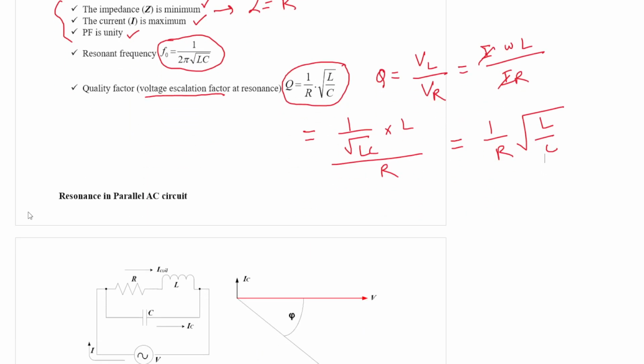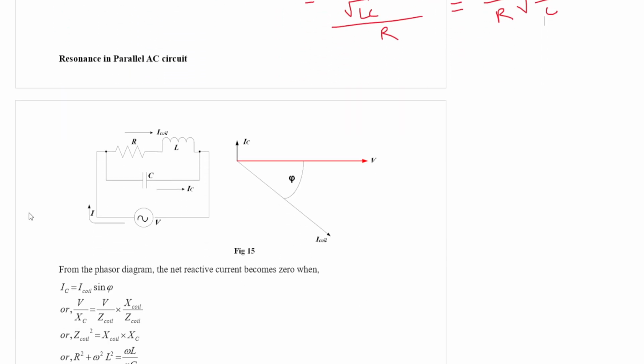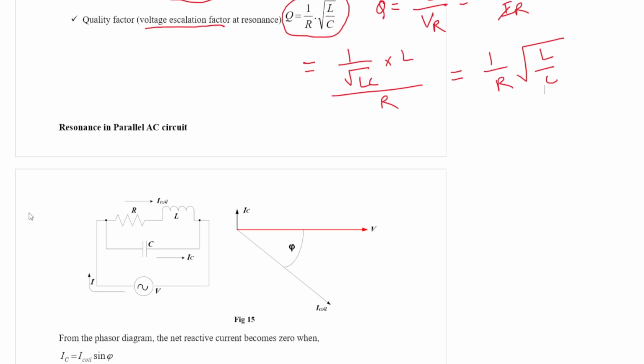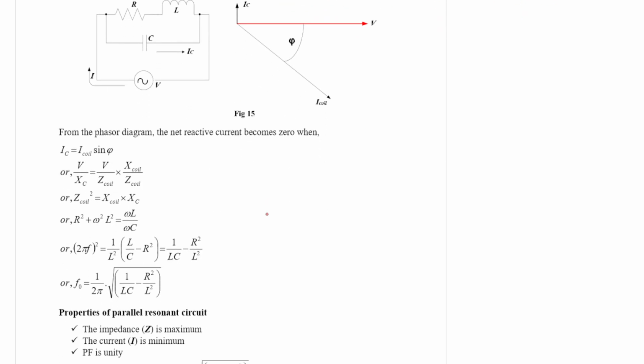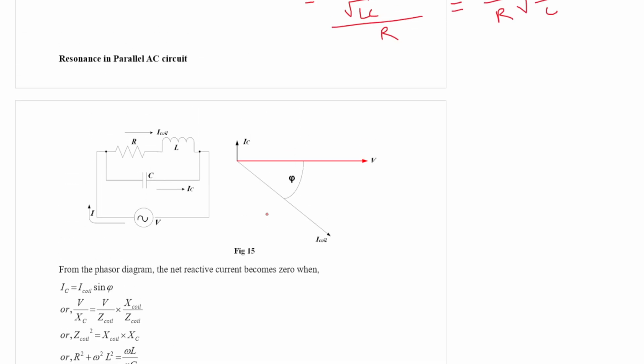Now we have the parallel resonance circuit. The same thing. So we are familiar with this phasor diagram. So let me take a vertical component and horizontal component.